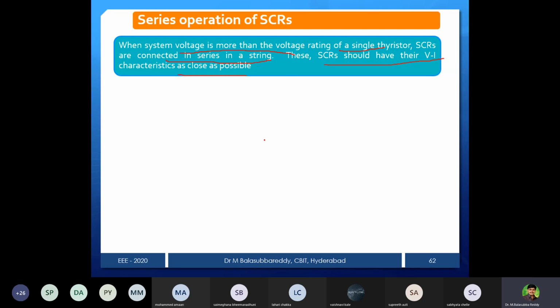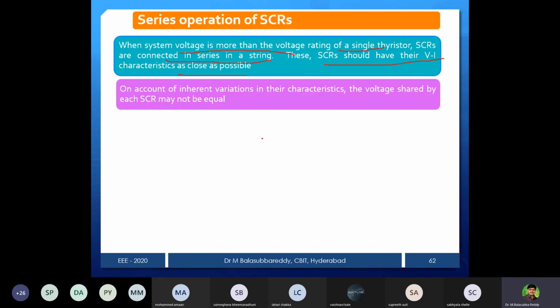If the VI characteristics are different, the voltage shared by each SCR is going to be different. That is one problem. On account of inherent variations in their characteristics, the voltage shared by each SCR may not be equal. We also noticed that in the graph.